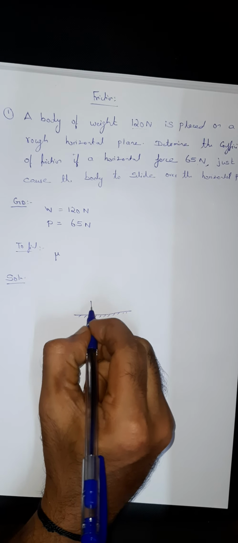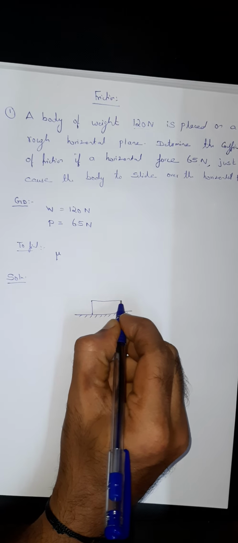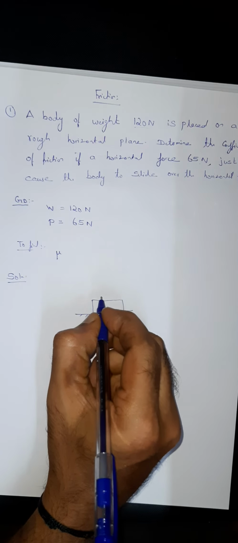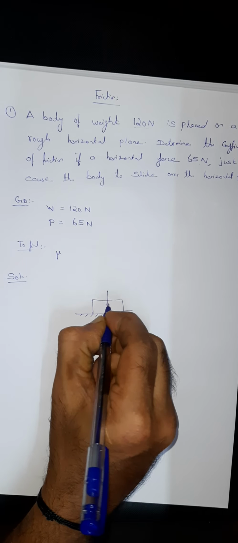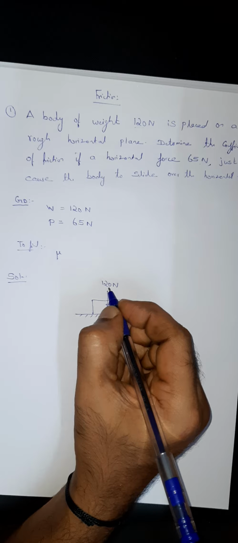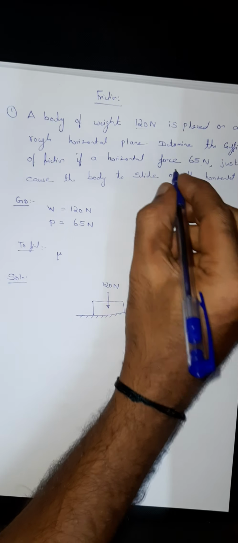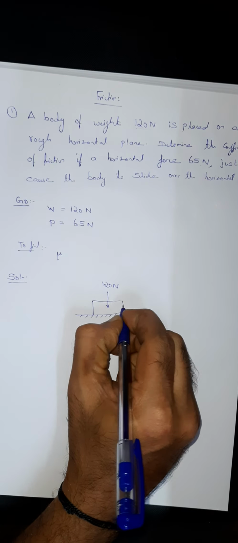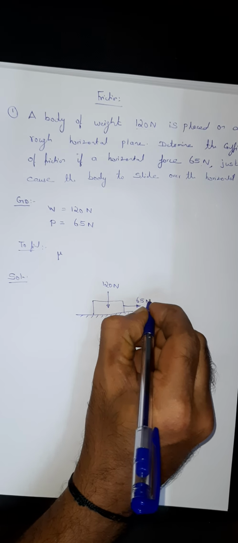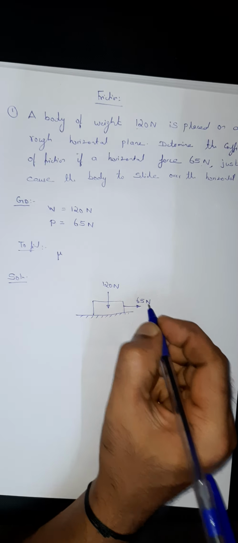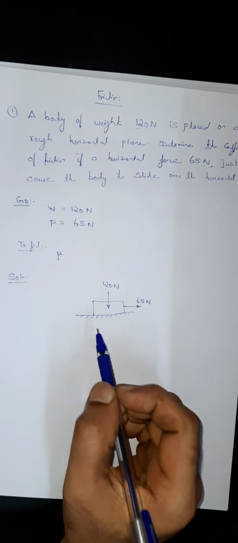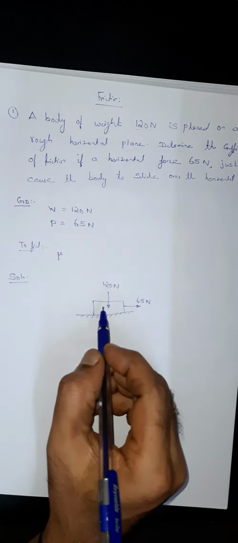Over this, the object is kept, which is a body of 120 Newton weight. Is it clear? Now a force of 65 Newton is acting, trying to pull the body. So this is the given drawing. As far as the question is concerned, this is the drawing.